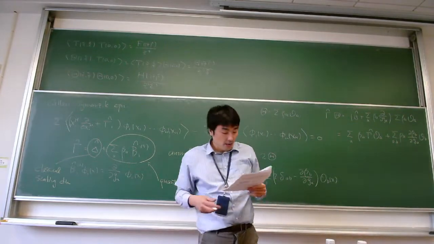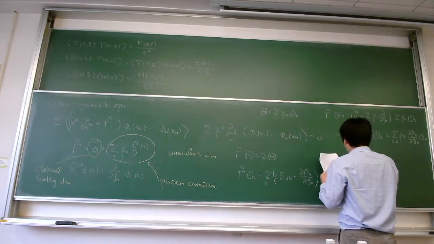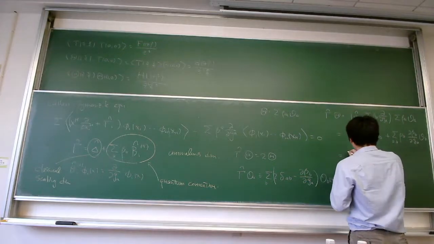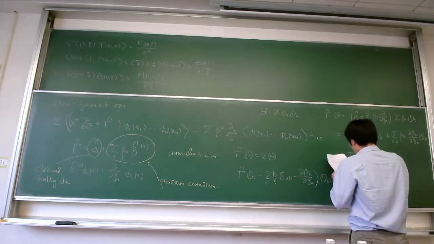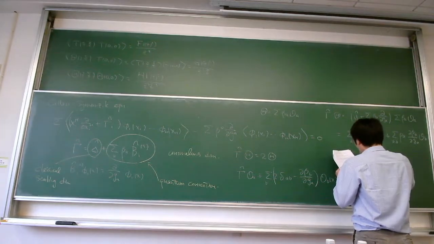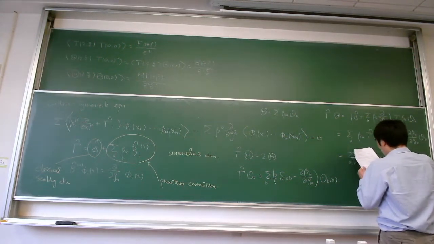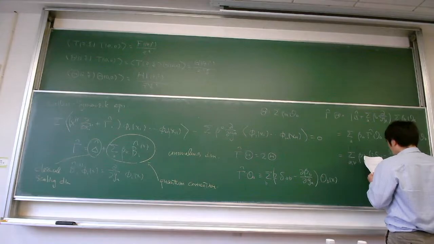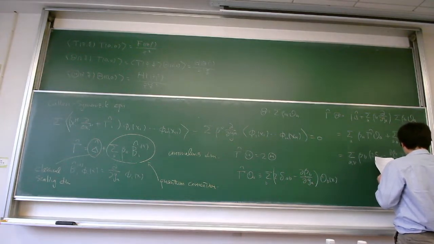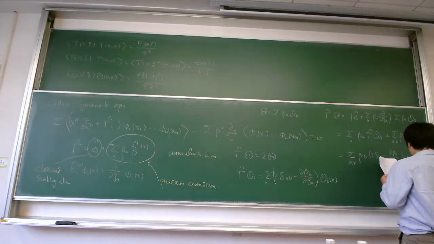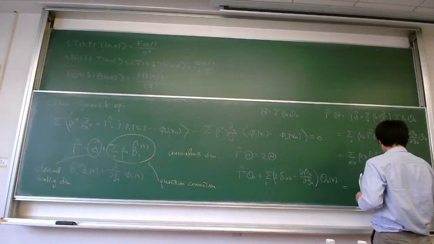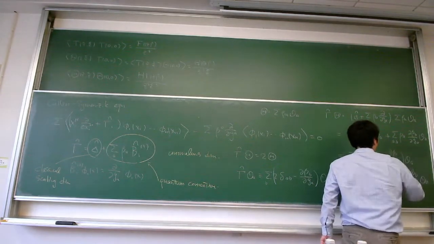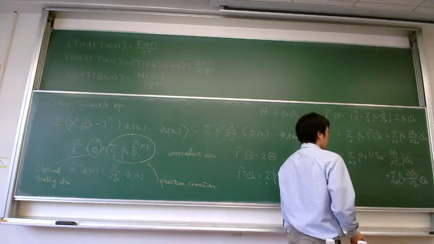Okay, so then if you proceed and apply this rule here, what you get is the sum over A, B of beta B times delta AB minus the derivative of beta A. Then this guy cancels out, this guy cancels out, this guy cancels out, and what's left is this one.